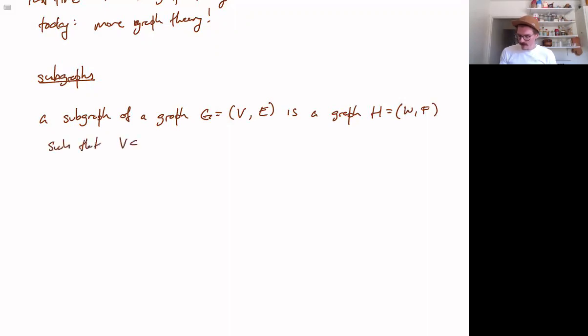And these should be subsets of the set of vertices of G and of the set of edges of G. So it's just another graph that you get by taking some subset of the vertices and some subset of the edges. And it is called proper if it is not the whole graph.